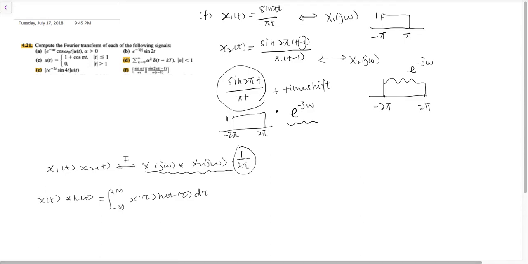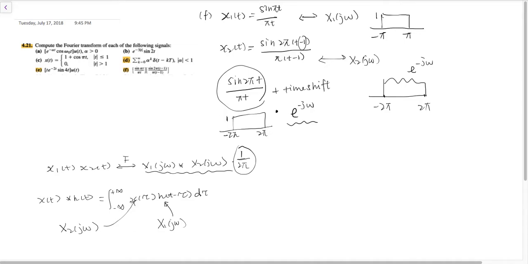So in our case, we keep X2 j omega as the x(t) here. Keep X1 j omega as the h here, because X1 j omega is simpler, so it's easy to manipulate, to do the time reversal and the time shift.